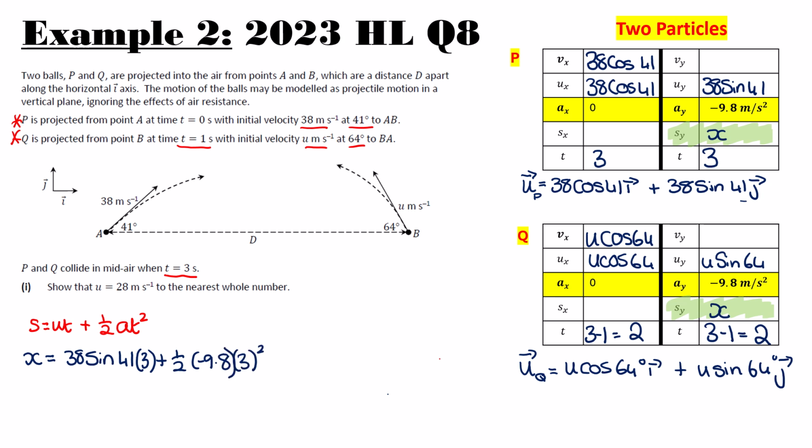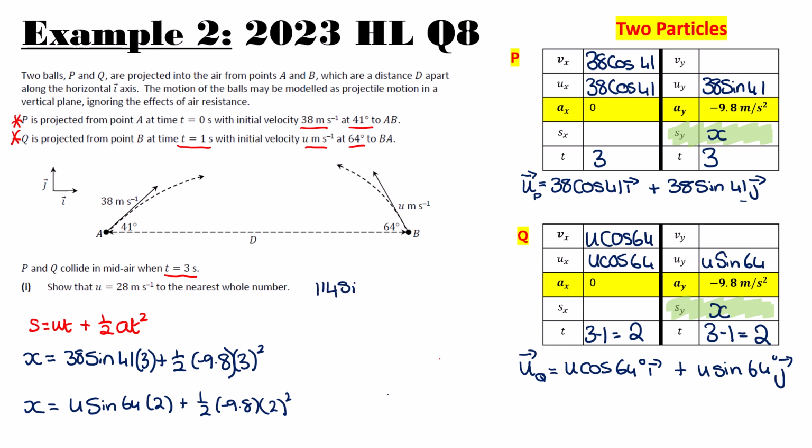And then for Q, x is equal to u sin 64 times t, which is 2, plus a half times minus 9.8 times 2 squared, and they are going to be equal. So we can put those equal to each other.